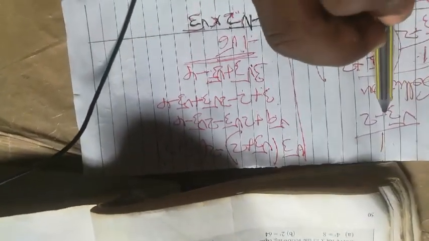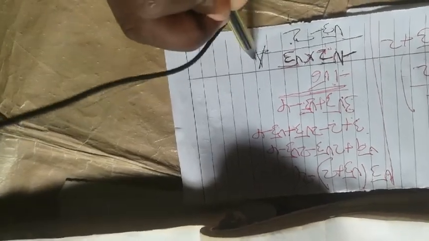Our numerator is negative 1 root 2 times root 3, and our denominator is given as root 3 minus root 2. Hence, this is our final answer.